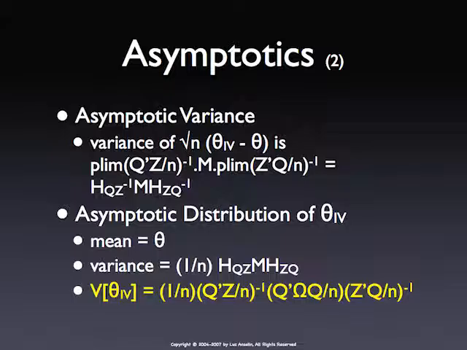The asymptotic distribution is what you use in a so-called asymptotic t-test. In fact, in an asymptotic t-test, you act as if your estimate is a random variable with a given distribution. That given distribution is this normal one that we just talked about. And we need to find its actual variance, because the variance that we have, this m, is the variance for the square root of n times the difference.